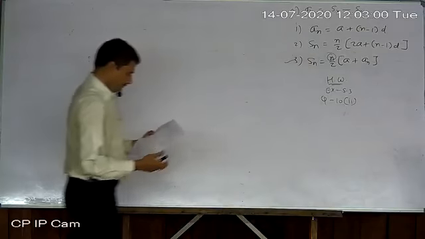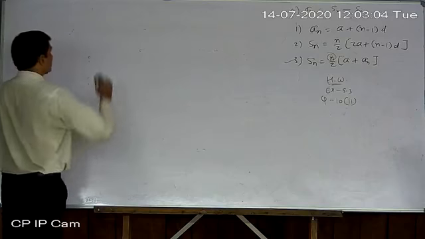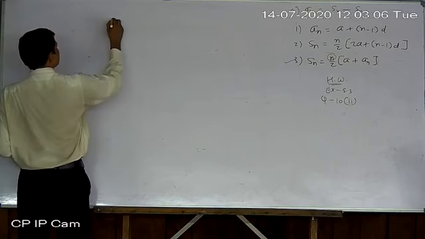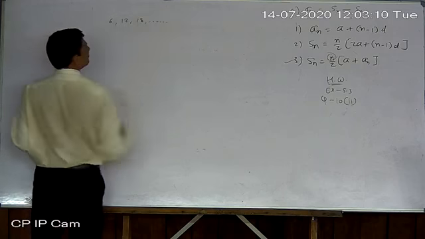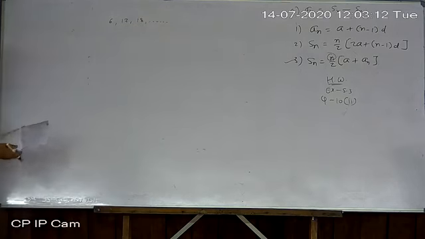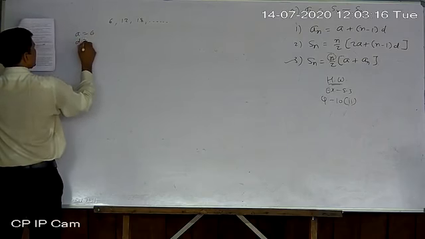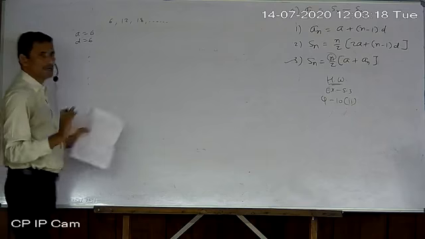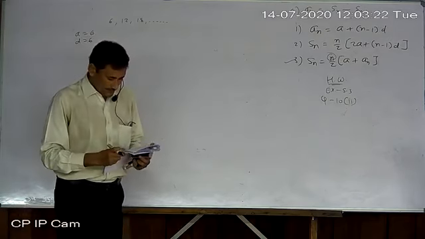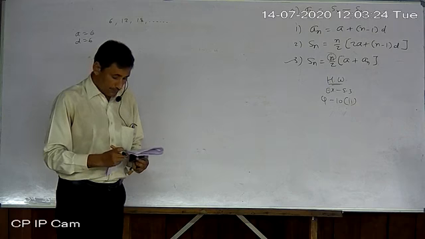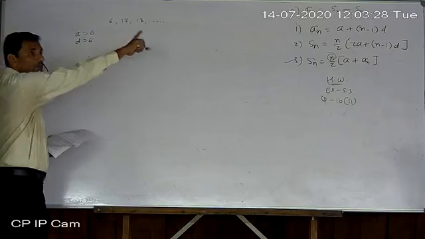So the numbers divisible by 6 will be like this: 6, 12, 18 like this. How many terms? 40. So can you write A equal to 6, D also 6? Why have I written 6, 12, 18? The sum of the first 40 positive integers divisible by 6 means they should be multiples of 6.